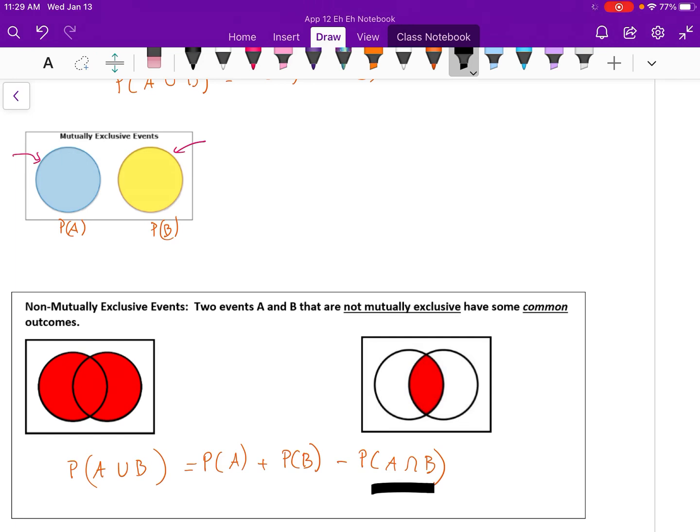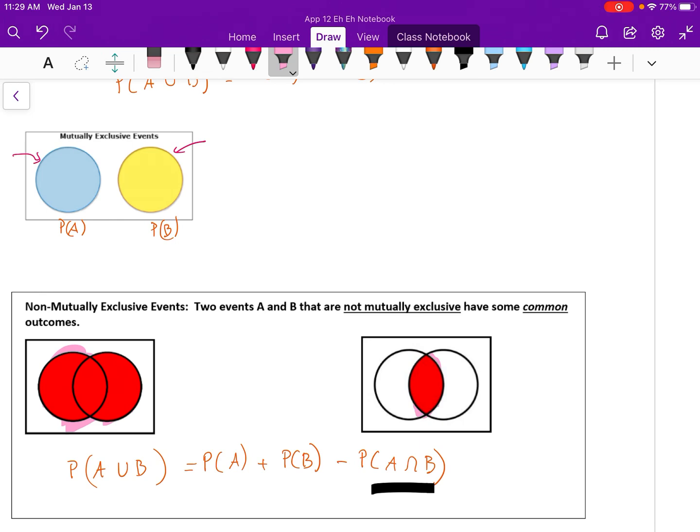Now, why do we have to subtract out this second term? Well, if you highlight A and then you highlight B, you highlight this middle area twice. So you have to subtract once just to make sure you're only counting it once.